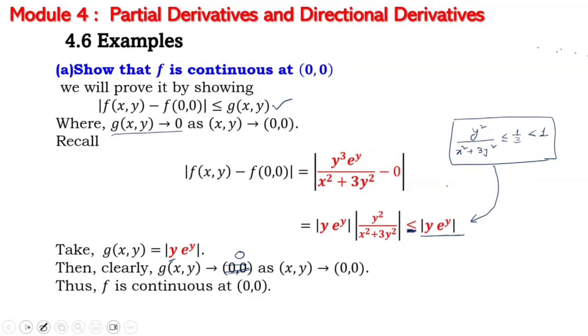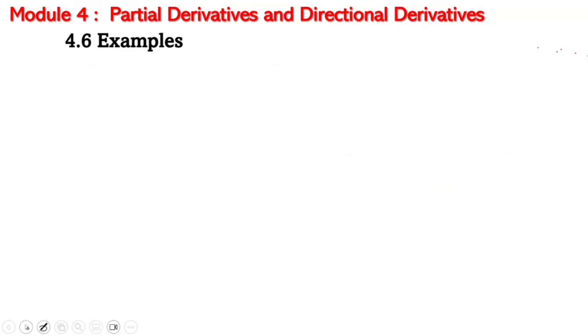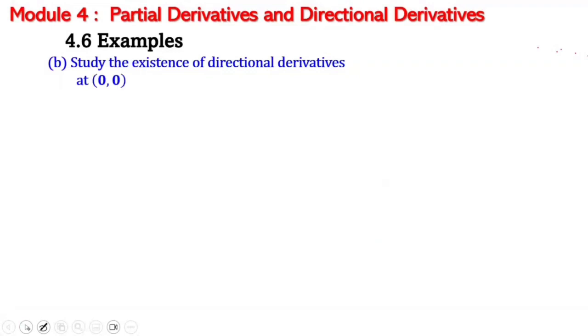Now come to the second part. We have to study the existence of the directional derivatives at 0.